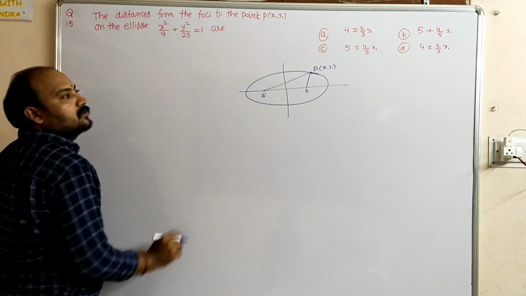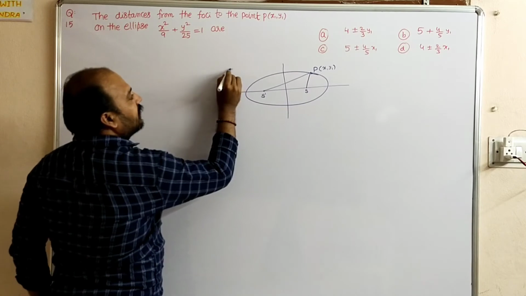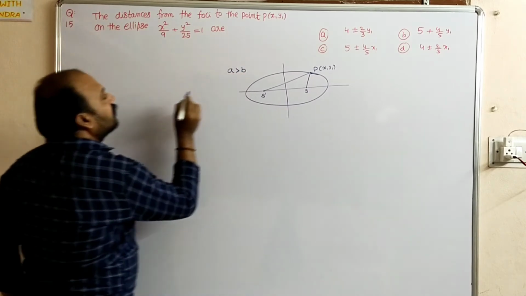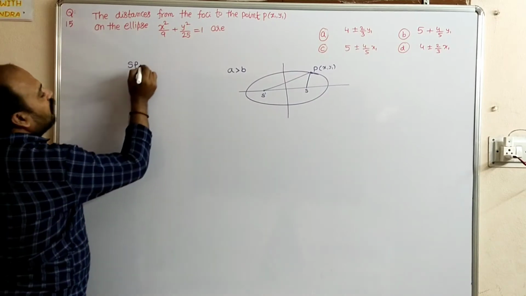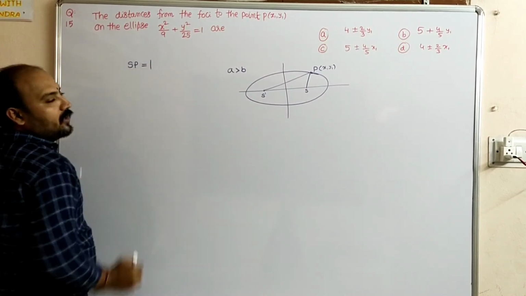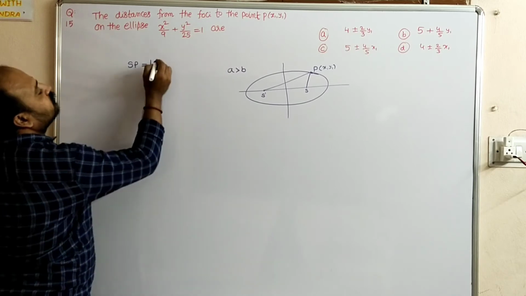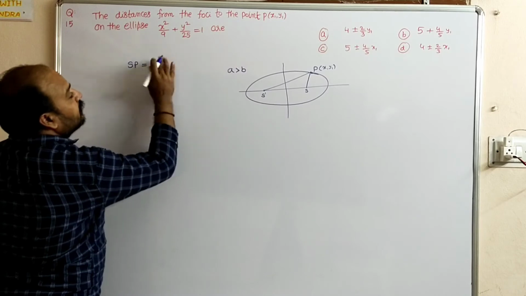When the figure is like this, that means A is greater than B, the focal distance formula SP or S dash P, A is greater than B, no?